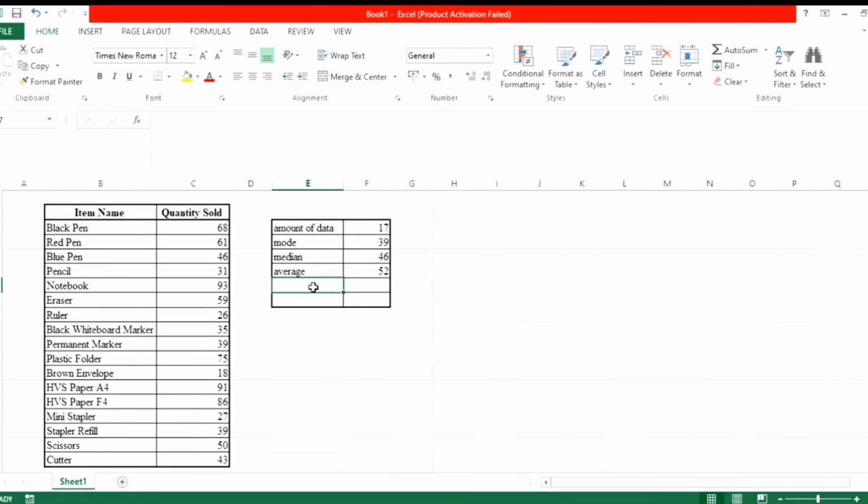Next, in the fifth formula, we will learn to find the largest value. So for example, if you need to know the largest from the data, you can use maximum. The formula is MAX, just MAX.